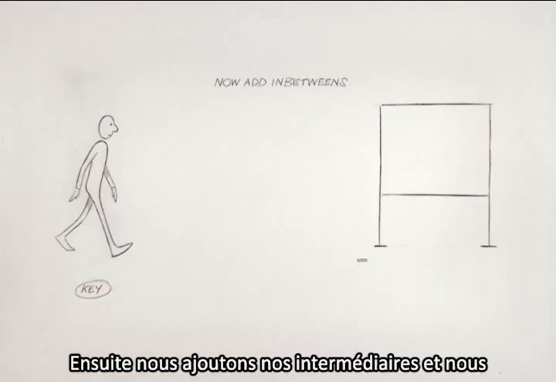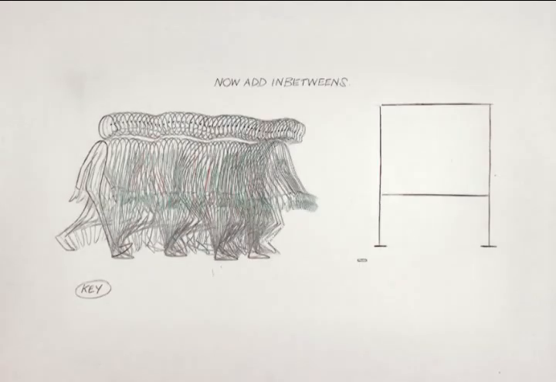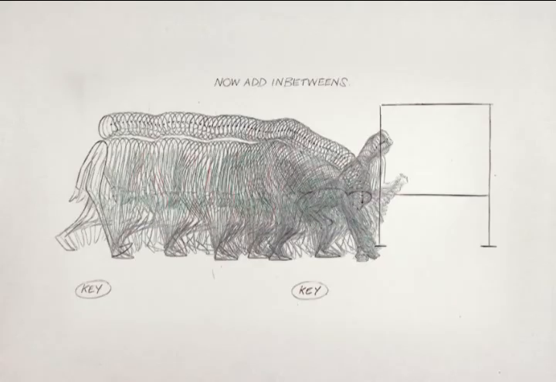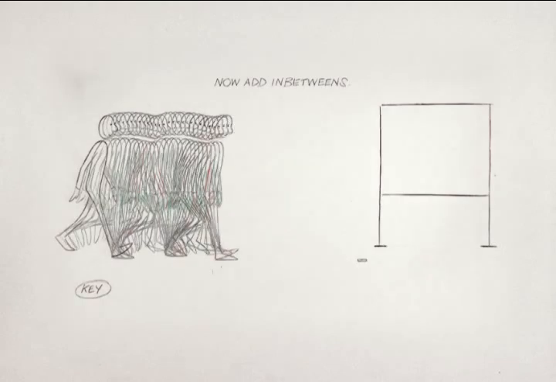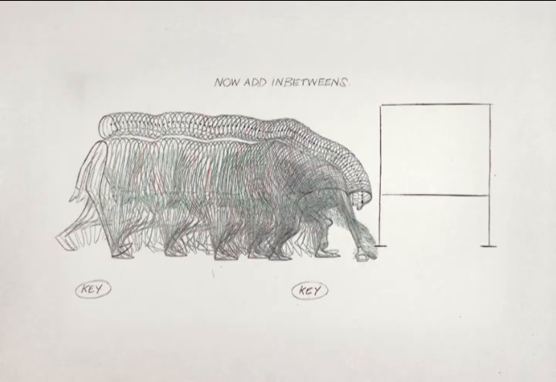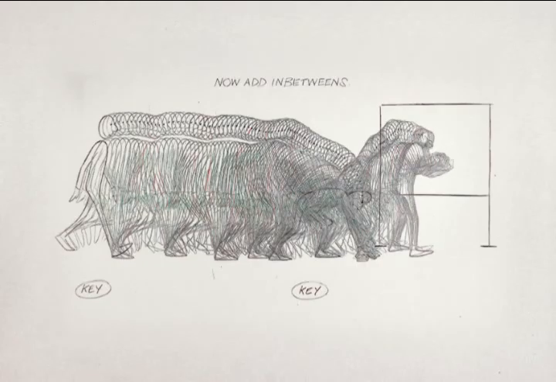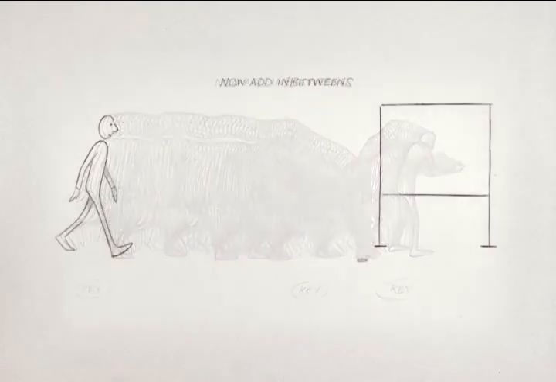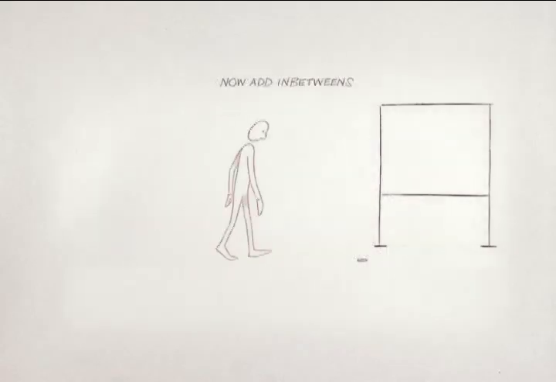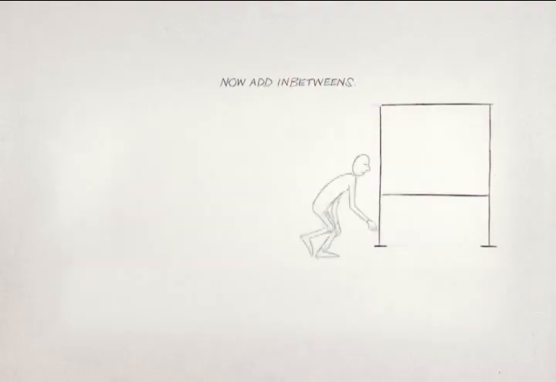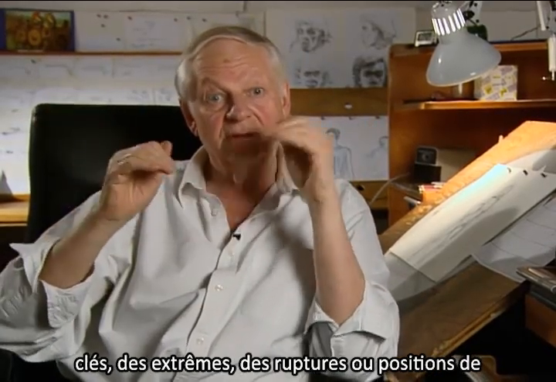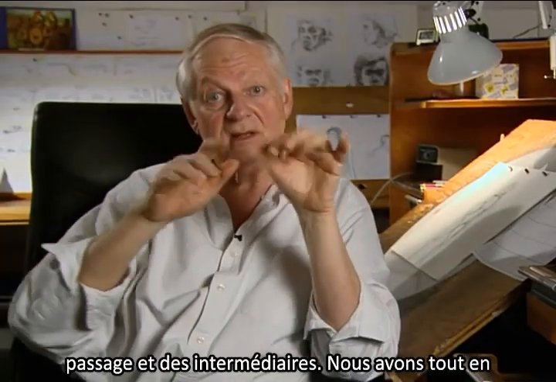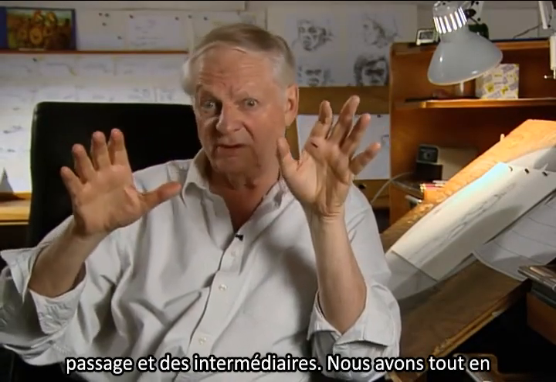Then we add our in-betweens, and we've done the scene. Now we know the functions of the keys, the extremes, the breakdowns or passing positions, and the in-betweens. And we've got everything in order.